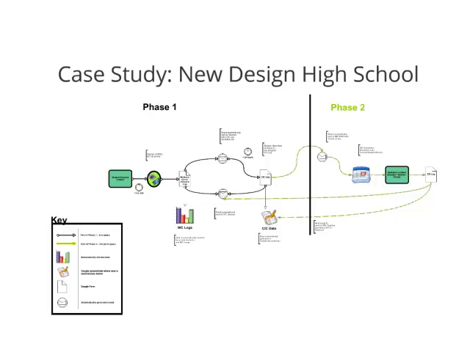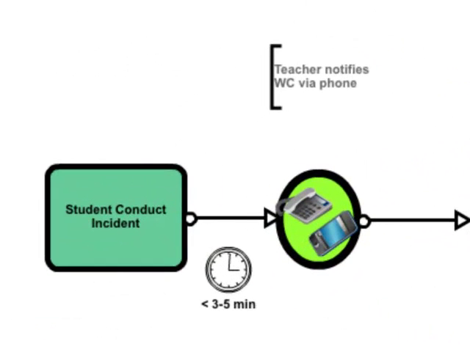And here is a lovely process diagram that was created by a school that's part of a group developing these scripts. This is New Design High School, and this diagram was by a teacher there by the name of David Rothhauser. What you'll see is that they wanted to figure out a better way of dealing with behavior incidents and removals from class.